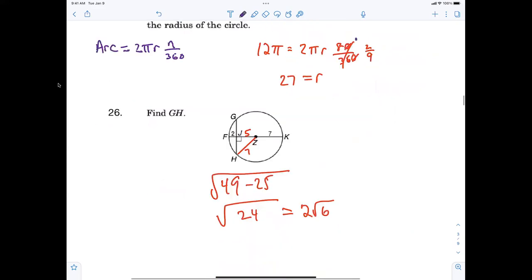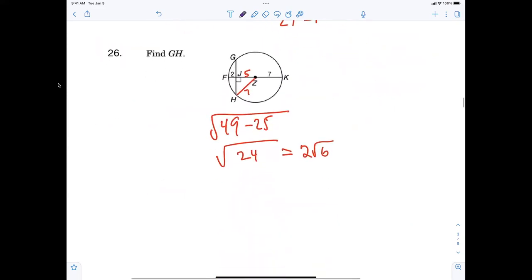Number 26. Now remember, these are the ones that are hard because sometimes you have to draw in a different radius to help you. Everybody see how I got 5?